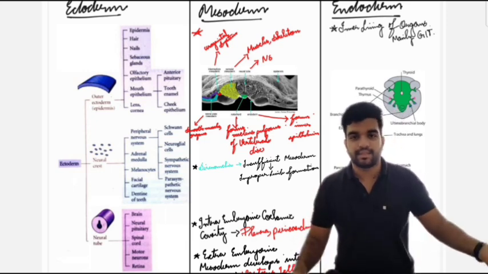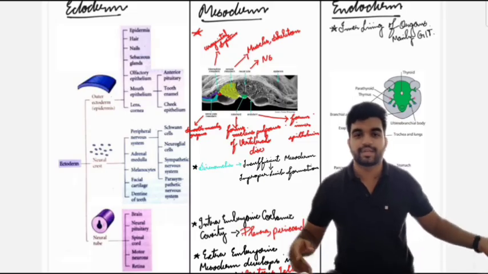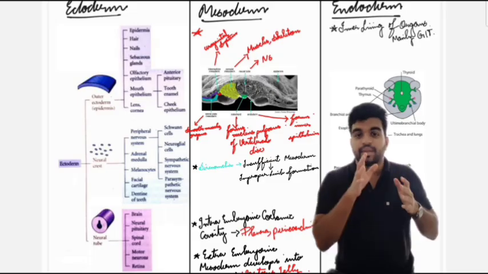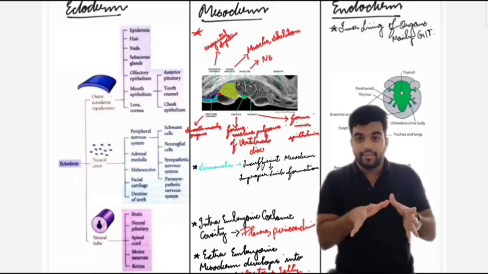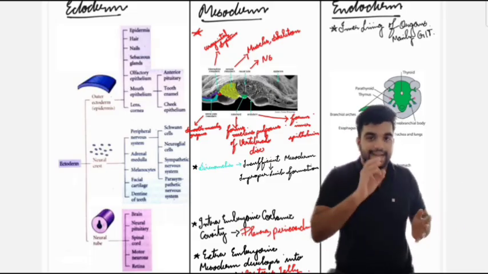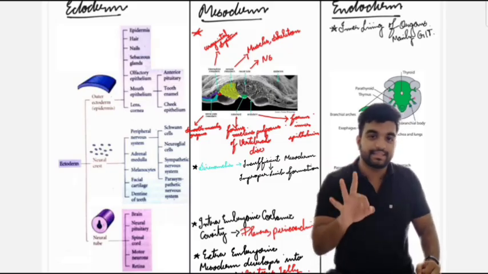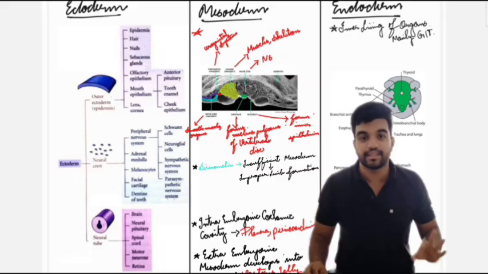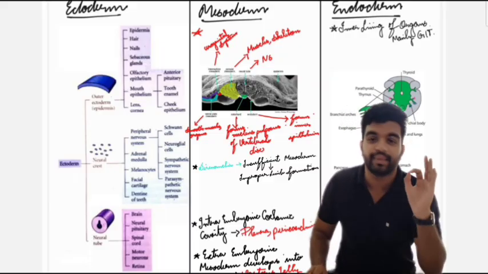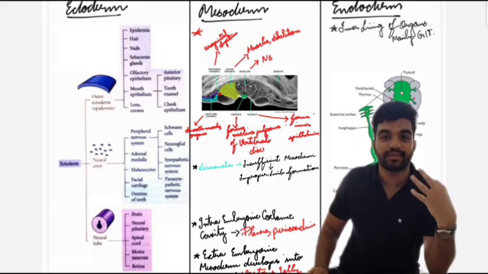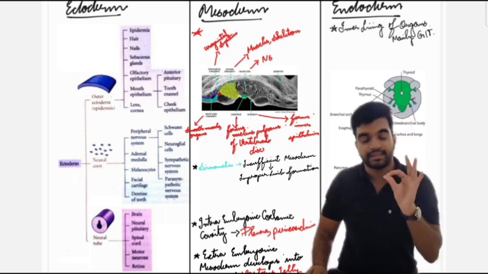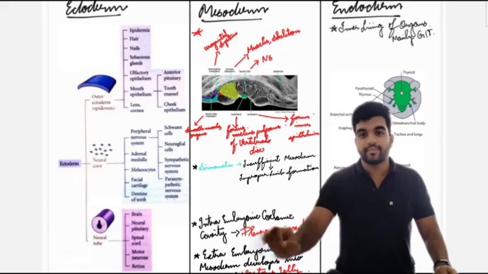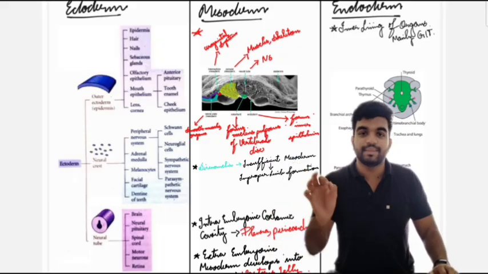For example, let us take ectoderm. They are not going to discuss it much, because it is the outer lining of the body. Ectoderm is also very important with regard to neural crest cells. Ectoderm goes on to form neural crest cells, the main cells that go on to form the CNS, PNS, etc. So the neural crest cell topic is also very important. But questions will lean more towards mesoderm formation.